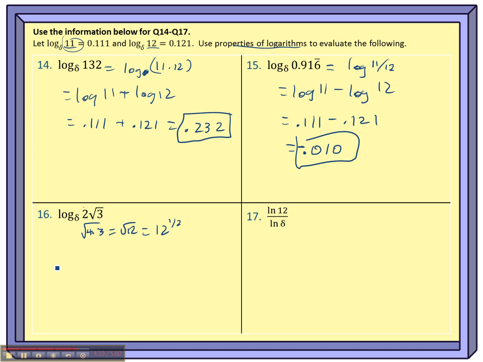So this should be the same thing as the log of 12 to the 1/2. I can bring the 1/2 out front, make that 1/2 the log of 12. So I'm taking 1/2 of 0.121, and I get 0.0605.